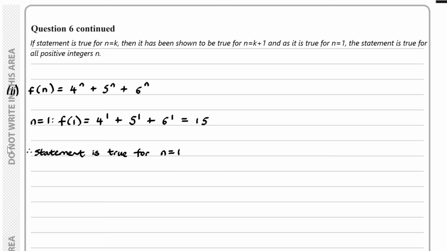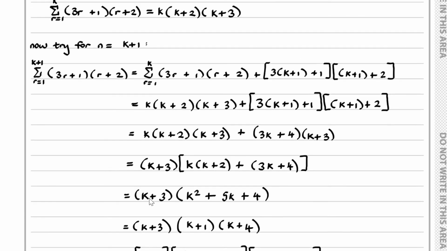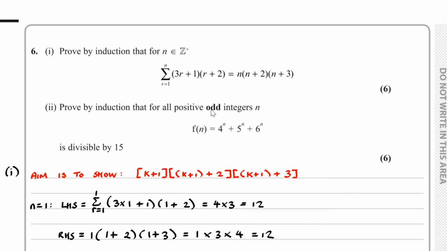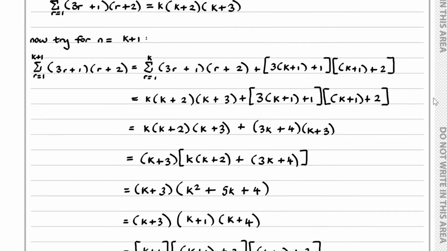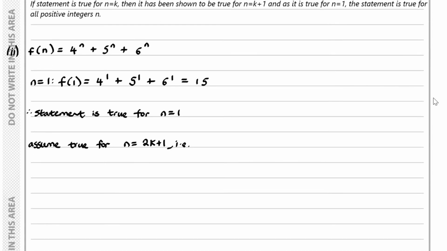And now we will assume that the result is true for n equals 2k plus 1. The reason we want to assume that the result is true for n equals 2k plus 1 is that if you go back to the question, it specifically said prove that for all positive odd integers n, and odd integers are of the form 2k plus 1.